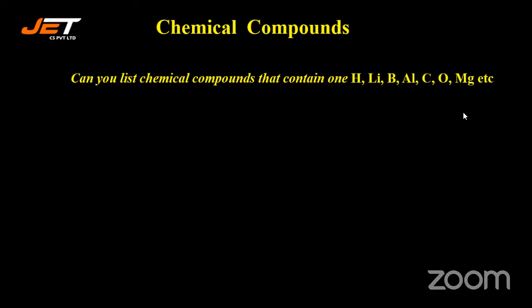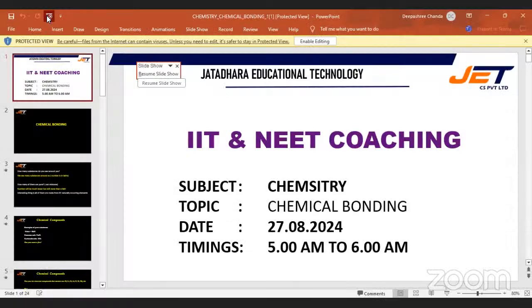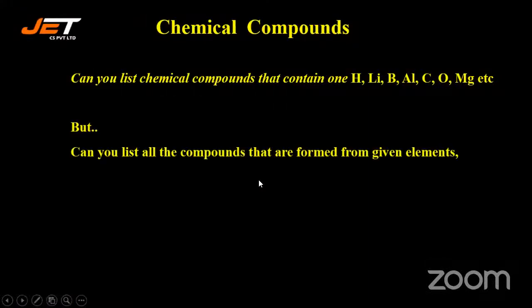HCl, ma'am. Yeah, HCl is a very good practical example where there is only one hydrogen. So, can you list all the compounds formed from the given elements like hydrogen, lithium, boron?